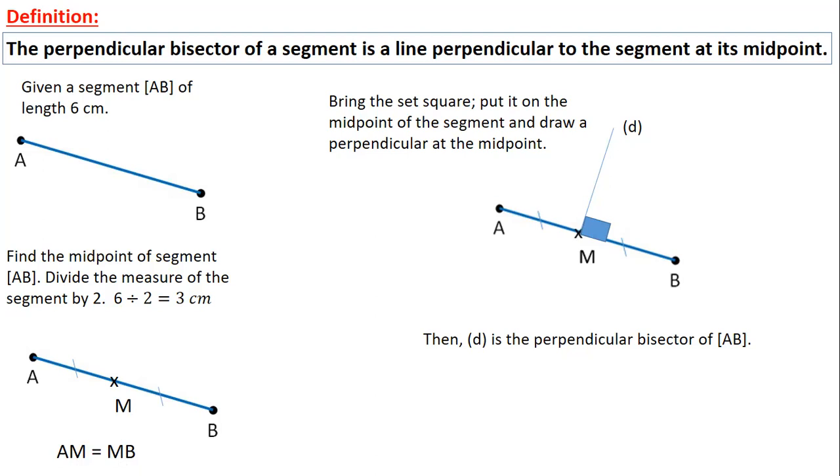I maybe ask you in the quiz on Friday just this question: define a perpendicular bisector. You should write this definition that you read now. It is a line perpendicular to the segment at its midpoint. You will take a mark. Okay, Hadi? Okay. So in order to be able to write the definition of a perpendicular bisector of a segment, we should memorize it. Please memorize also this definition because it's very, very important. So this definition is very important, guys.